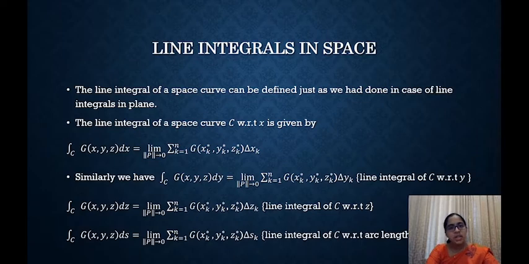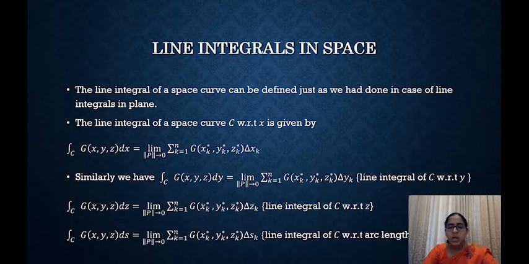Same as that of the line integral in a plane, except that there is one extra variable z here. Similarly, the line integral of C with respect to y will be the integral over C of g of x comma y comma z dy, equal to the limit as norm P tends to 0 of the summation k equal to 1 to n of g of xk star, yk star, zk star into delta yk.